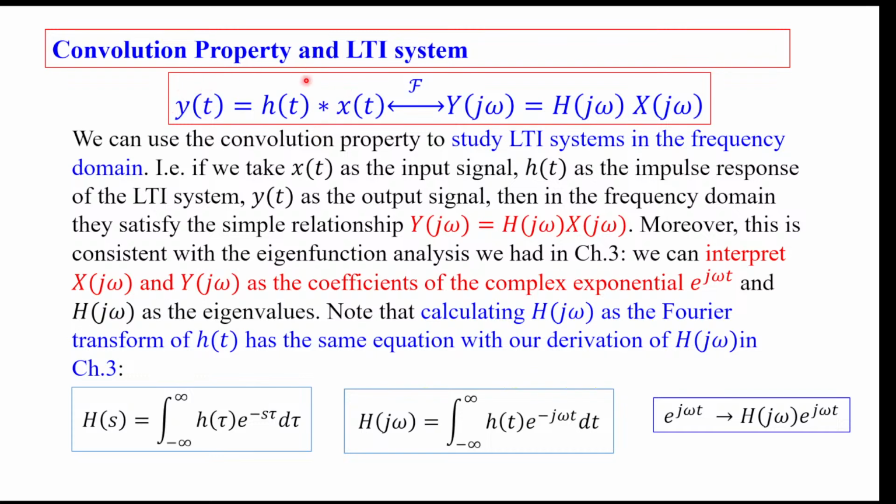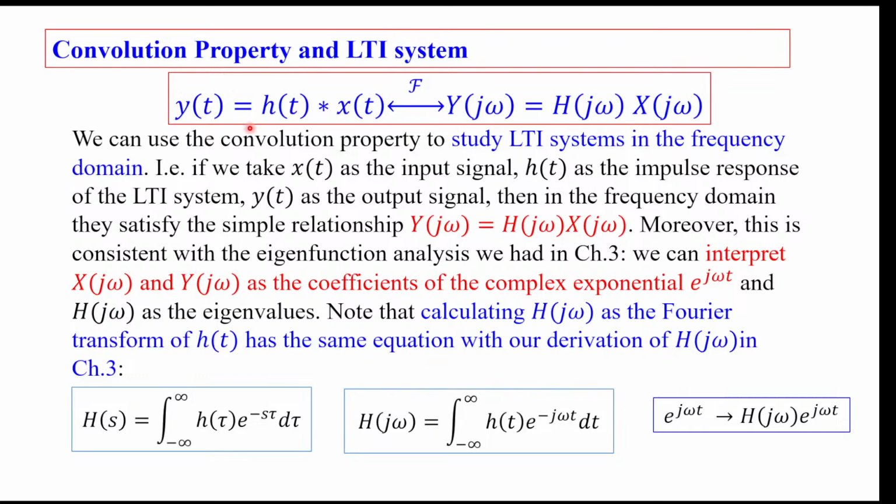And indeed, you can think of this as the input-output relationship for an LTI system. So if you have x of t as input and you have an LTI system with small h of t as the impulse response, then you know the output is y of t.